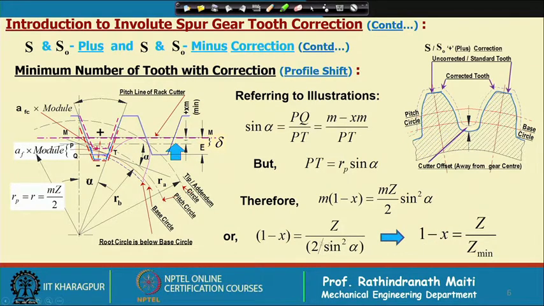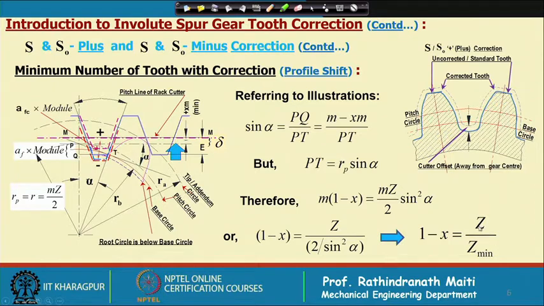Now, we write 1 minus x is equal to z by z min. If you remember, 2 by sin square alpha is equal to the minimum number of teeth up to which there will be no undercut. So, that we have defined as z min. So, we can write 1 minus x is equal to z by z min.